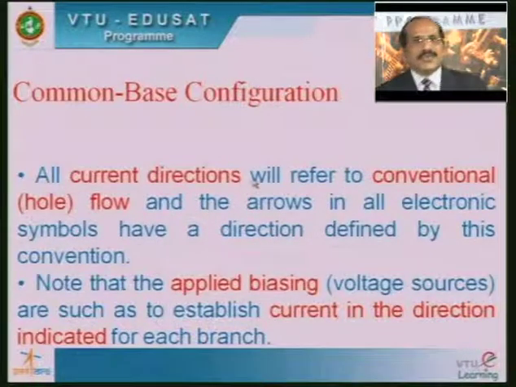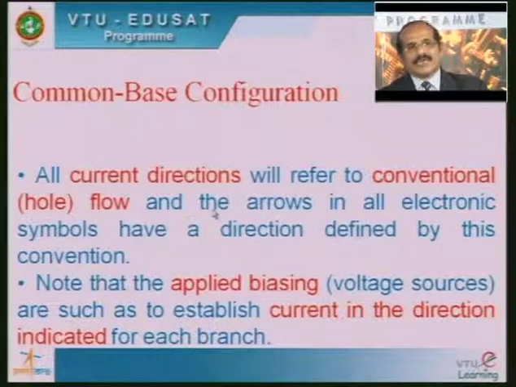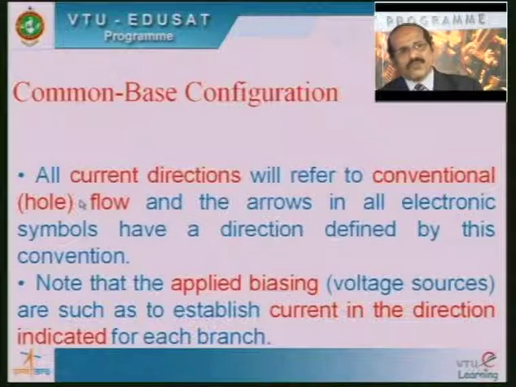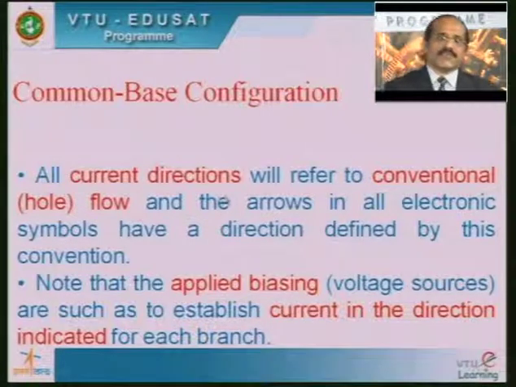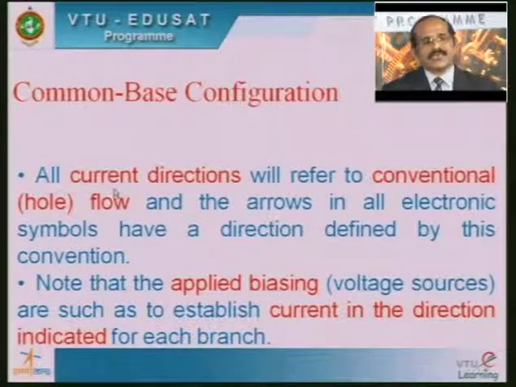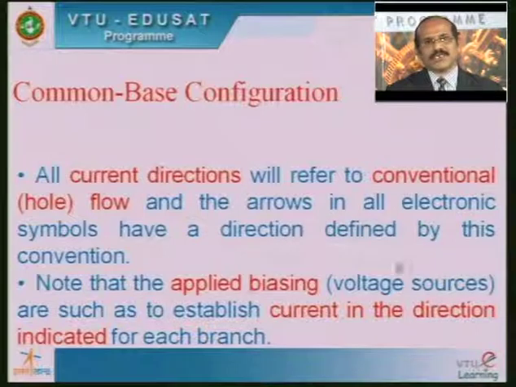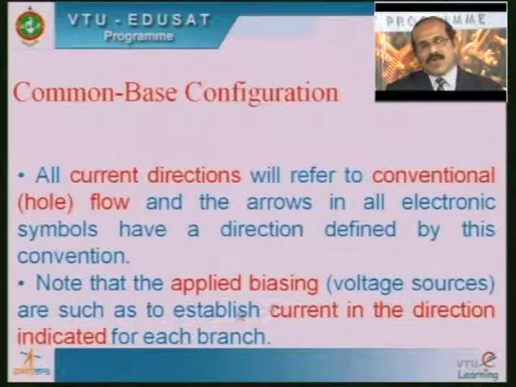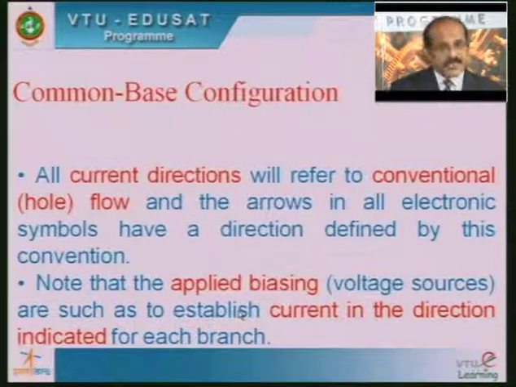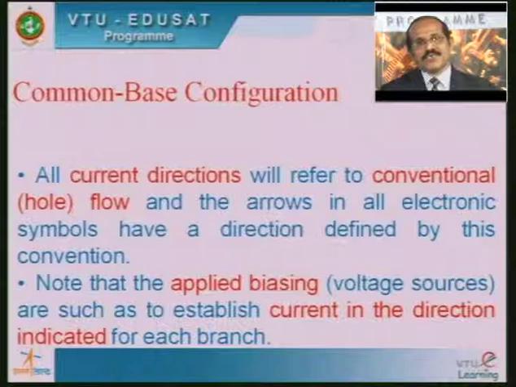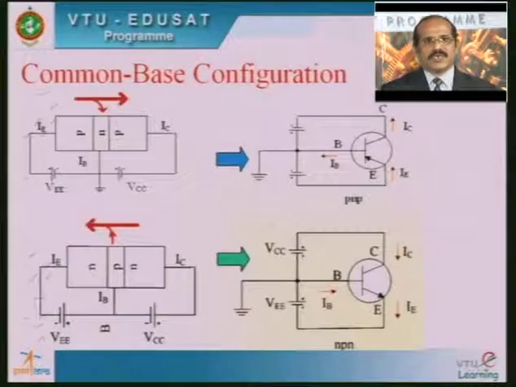Also note that all current directions in a BJT refer to conventional flow, that is the conventional direction of hole flow. That means it is against the direction of electron flow, and the arrows in all electronic symbols have a direction defined by this convention only. Note that the applied biasing is such as to establish the current in the direction indicated for each branch.